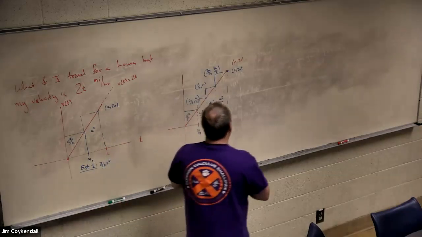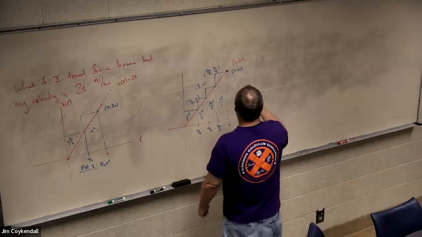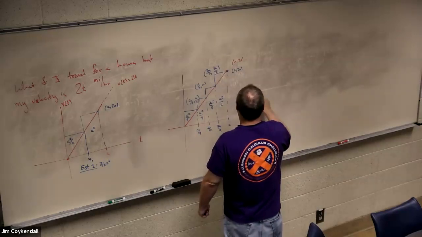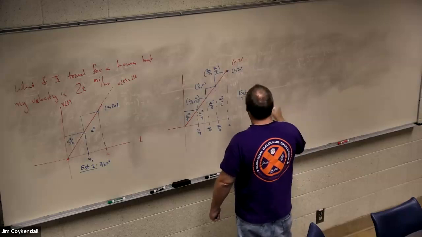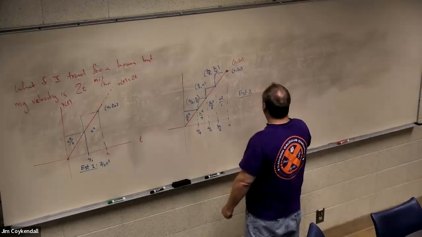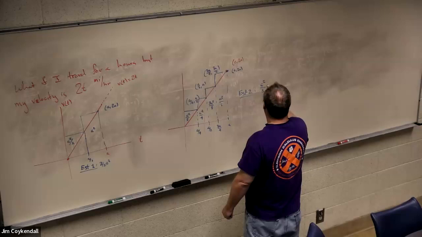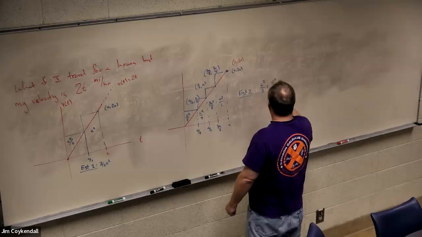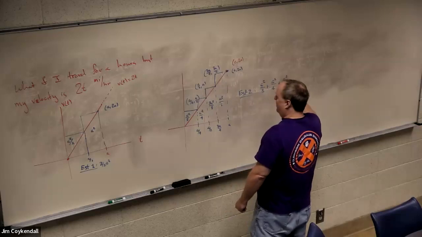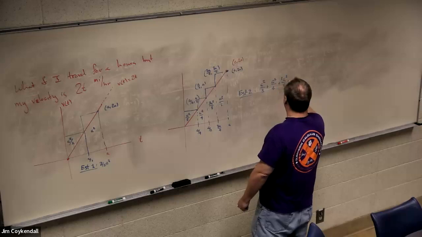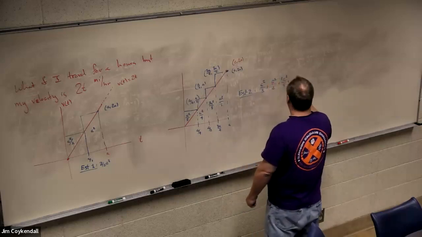So now my estimate 2. Let's see, what do I get? A squared over 8 plus A squared over 4 plus 3A squared over 8 plus A squared over 2.